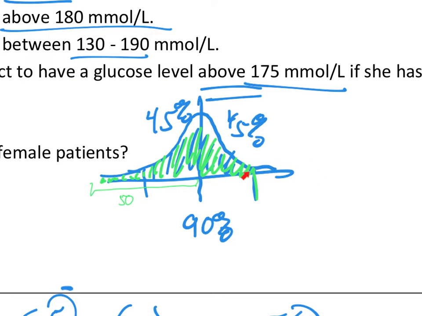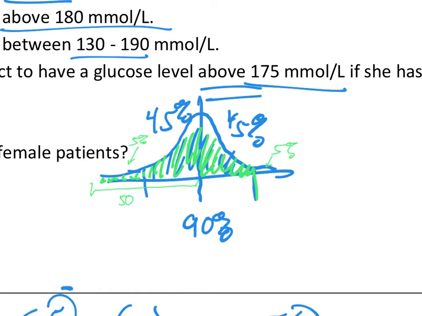So what percentage is from this marker down? Well, that's 95%. 95% of the area is on this side, and this would be 5%. Half of the area is on this side, 50% minus 45 is 5%. So this little area here is 5%, and this little area here is 5%.